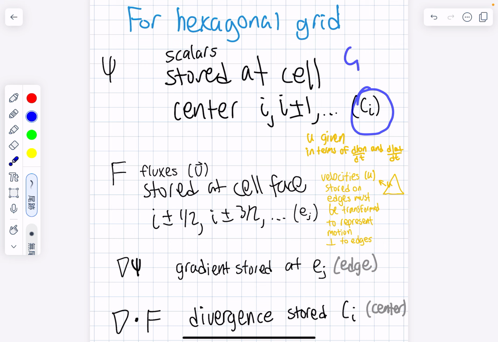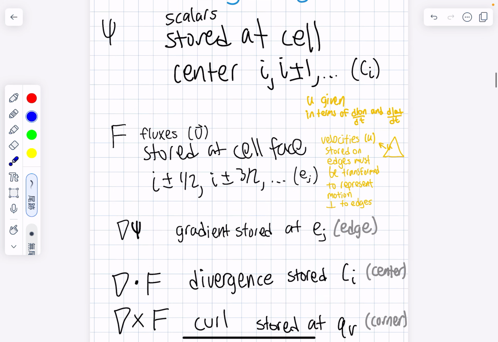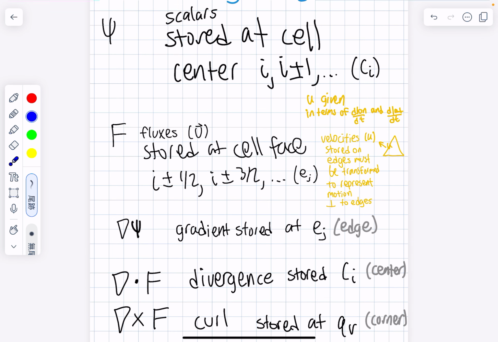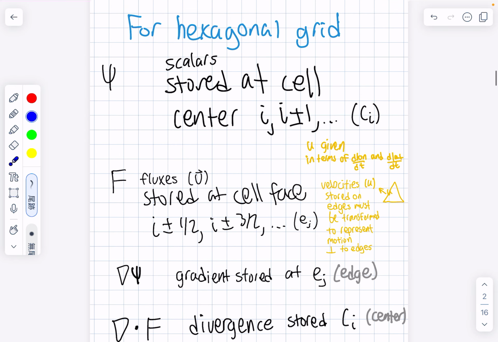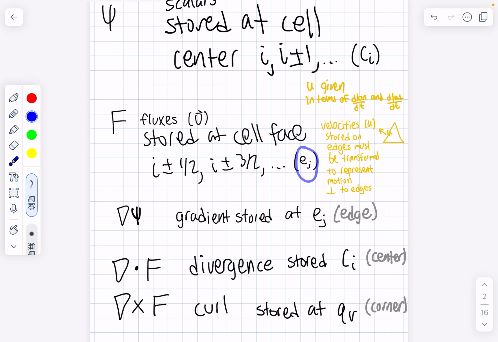Maybe you have 100 of them, there would be C100. Edge would be the edge of a single cell. So if you have a cell with 6 sides, there would be E1 through E6. And you would have many more edges in total, but per one there's usually 5 or 6.